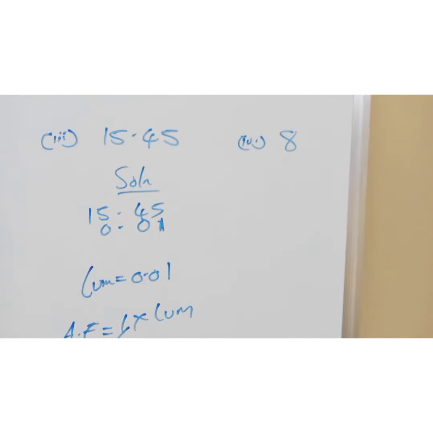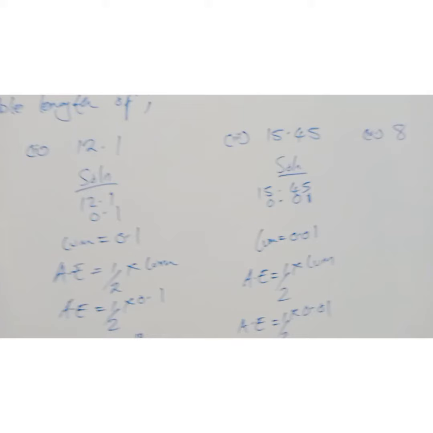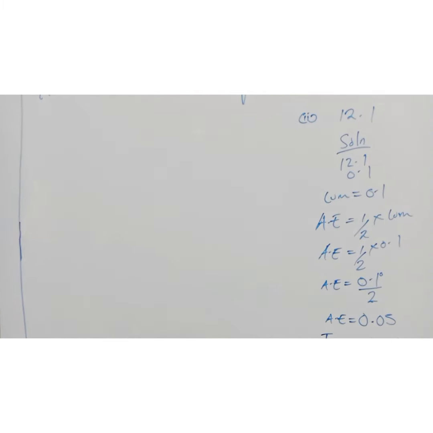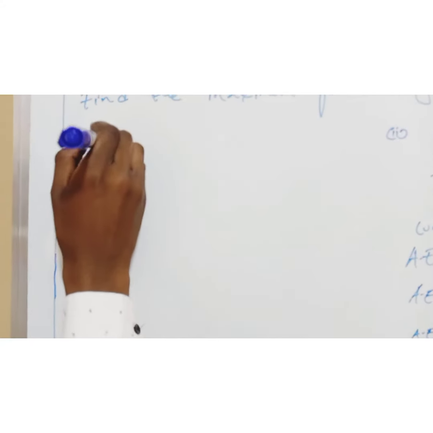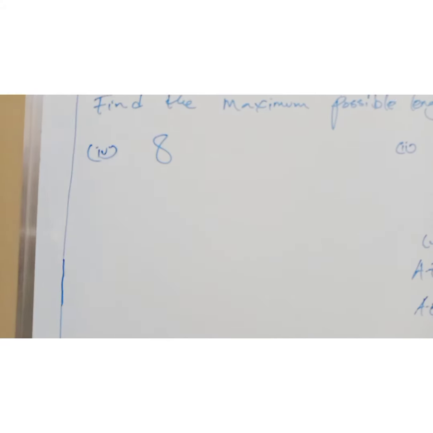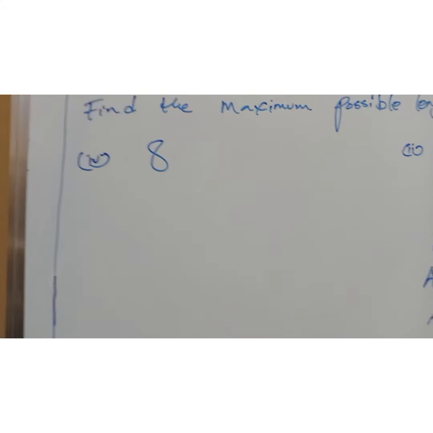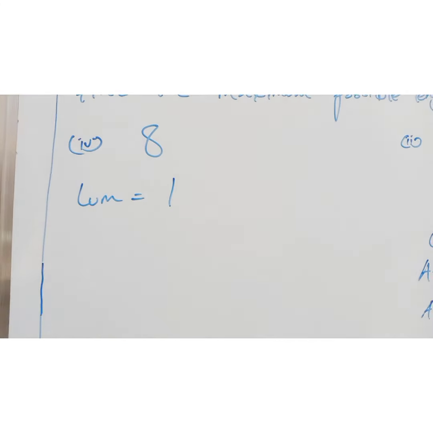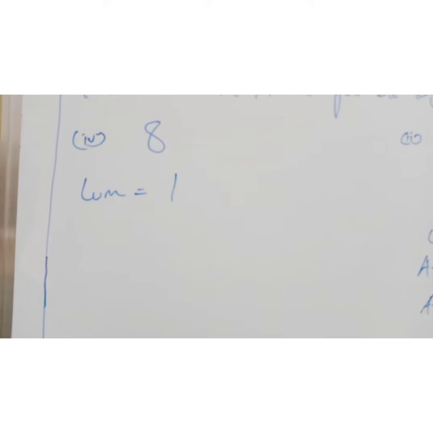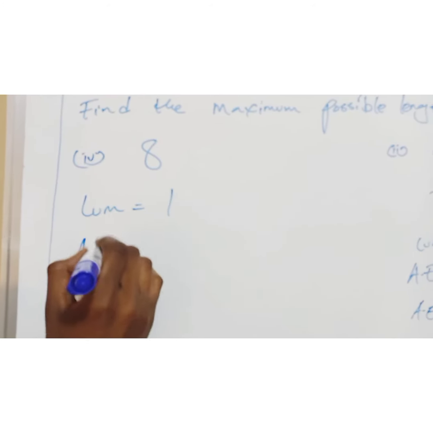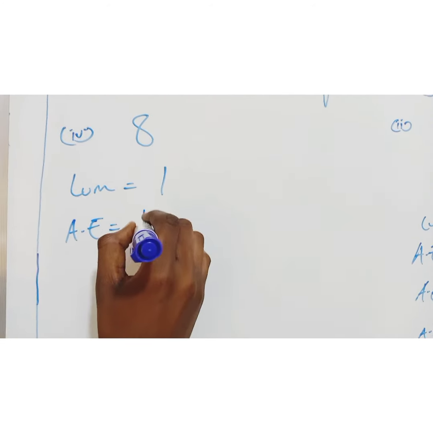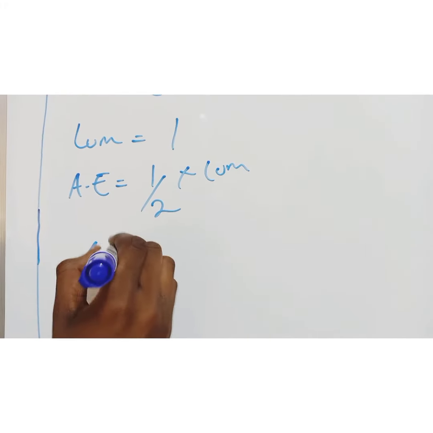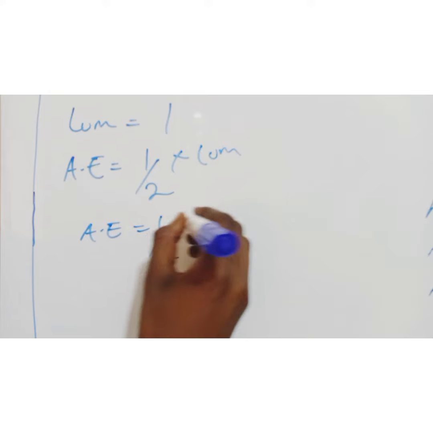Yeah, we have this example. So let me just erase here. This will be easy. So our fourth example is 8. They want us to find the maximum possible length of 8. So LUM for a whole number is what? 1. Simple as that. I've taught you this. Then after this we find our absolute error, which is half times LUM. So half times 1.